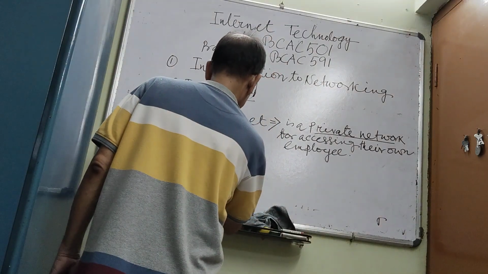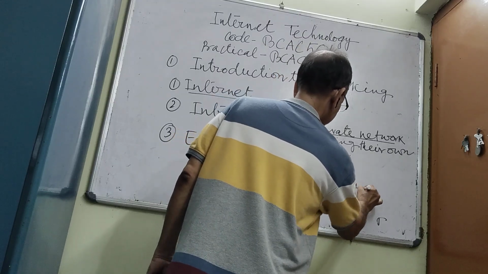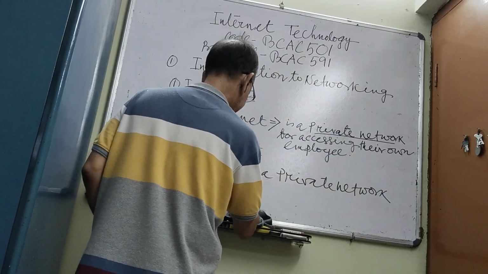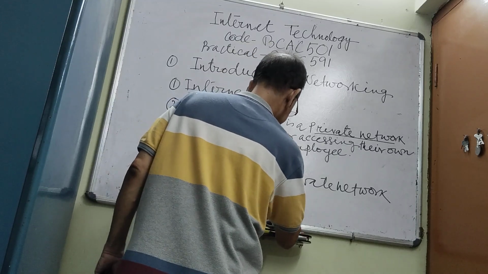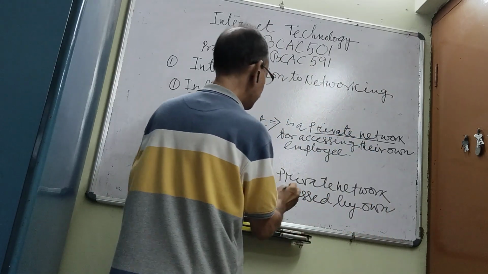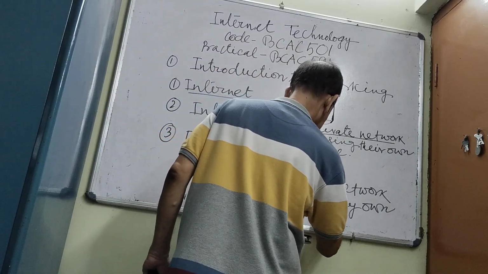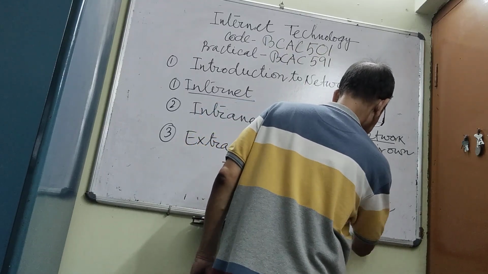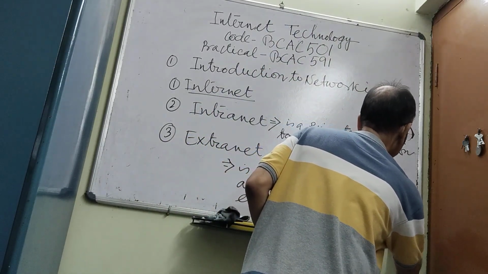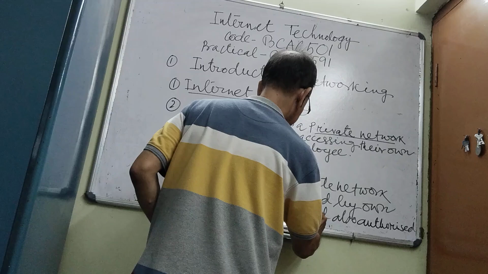On the other hand, the extranet is also a private network, but it can be accessed by its own employees and also authorized outside people.